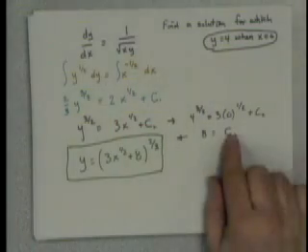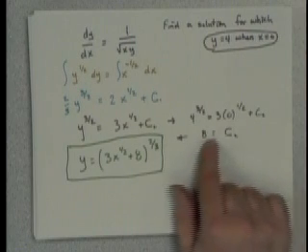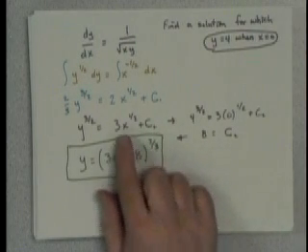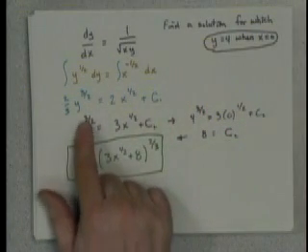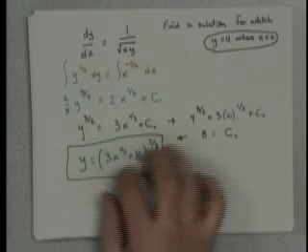Okay, so I figured out what that constant was. The constant came out to be 8. Substitute that back in. So here I have 3 times x to the 1/2 plus 8. And then I'm going to get y by itself. I have to undo that exponent, so I'm going to take the 2/3 power.